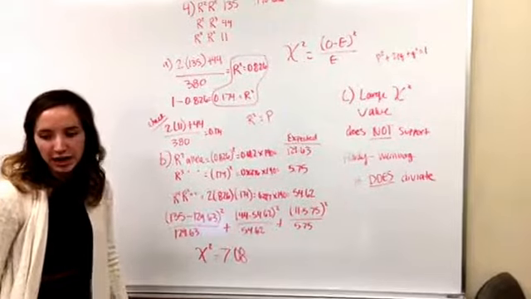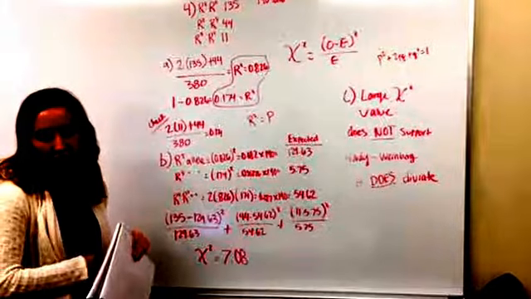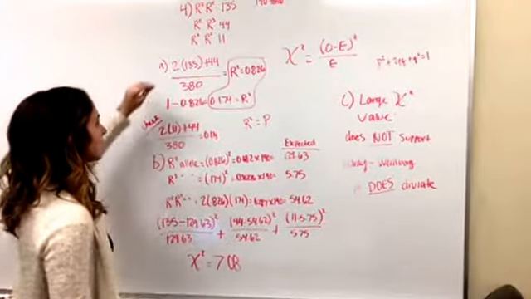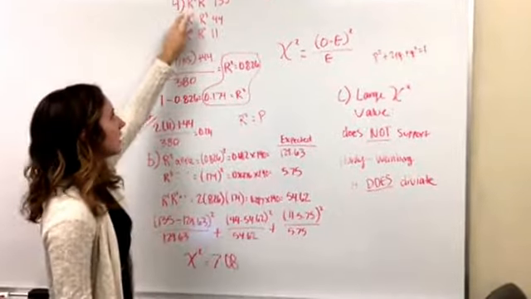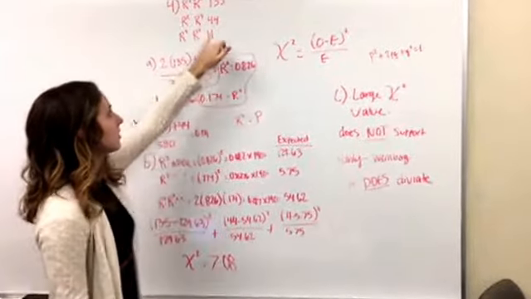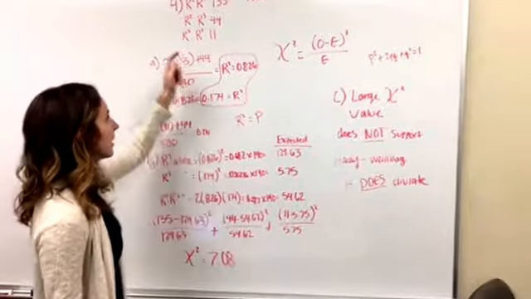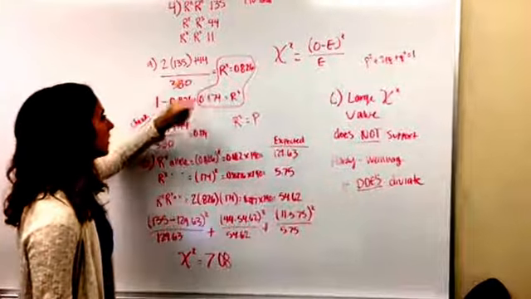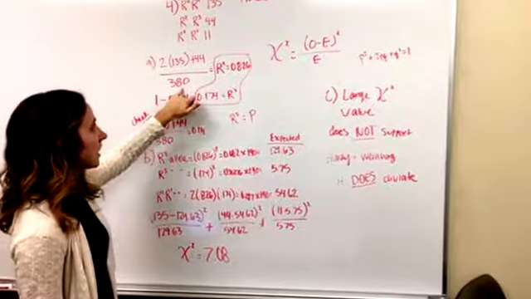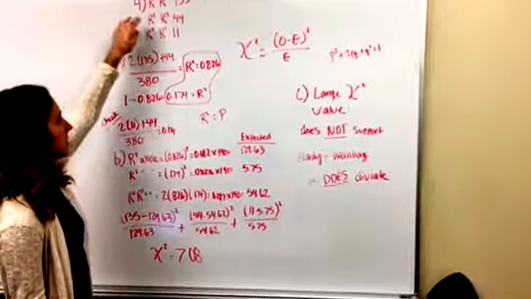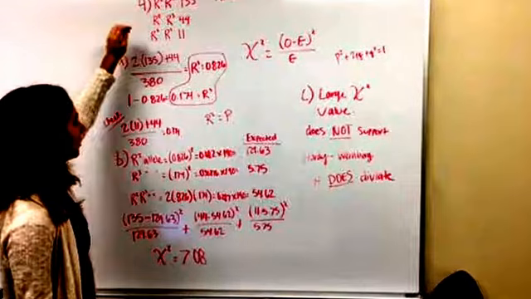For part A, it wants you to determine the allele frequencies for the R2 and R3 alleles. Since we're just trying to find one, we have to take into account both of these for our equation. So you do 2 times the observed, which is 135, and then we also have to take into account this one right here. So you'll do the 44 plus 380, which is the total amount doubled, since we're taking into account both of those, as well as this one.